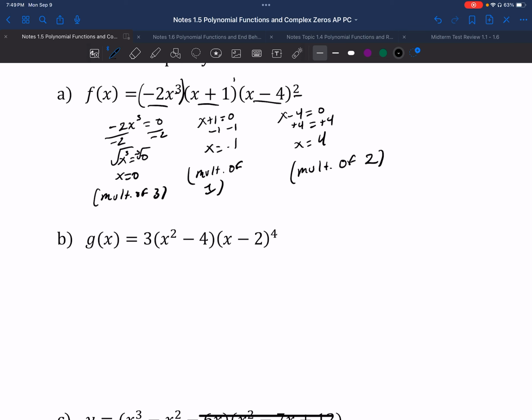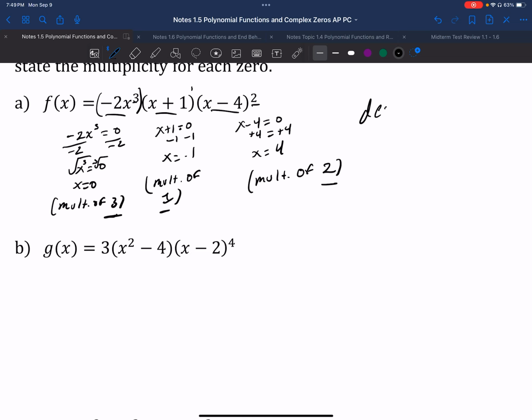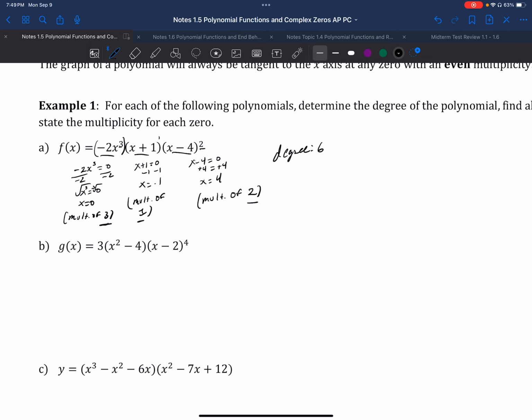Oh, and then I need to look at my degree. So to find the degree, all you have to do is add up the multiplicities, and then that will give you your degree. So I have a multiplicity of 3, multiplicity of 1, and multiplicity of 2. So 3 plus 1 plus 2, which will give me 6. And then that's it for example 1a.